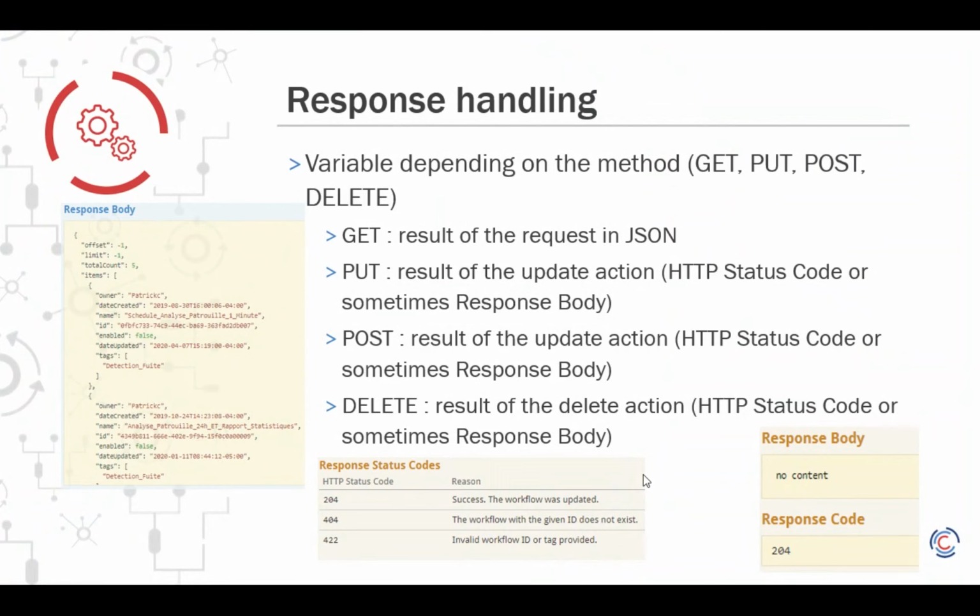But more often than not, if it's within the 200 range, you know that the request was done properly. On the right-hand side, I'm showing a response body with no content. In this case, we would just use the response code. Here, 204, if we look at the documentation, was a success. The workflow was updated, so in this case it was a put of some sort.